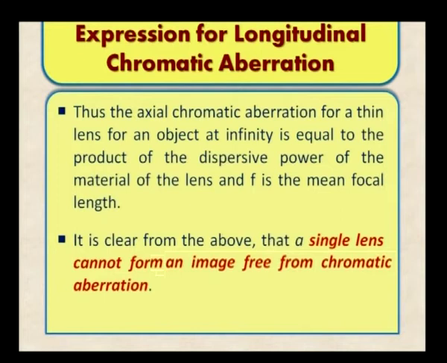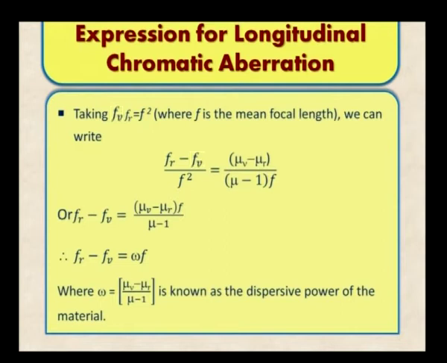What do you mean by the statement free from chromatic aberration? If chromatic aberration is present, then f v minus f r or f r minus f e will have a particular value. If it is 0, that means violet and red are getting focused at the same point, right. Do you understand this point?